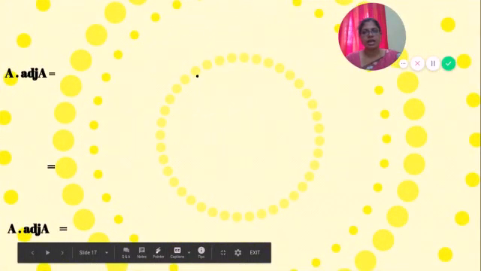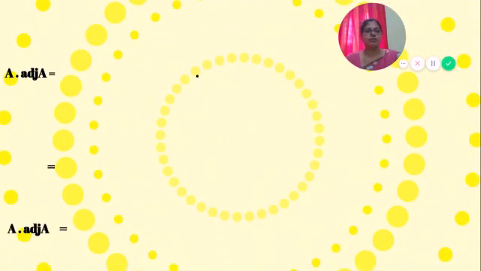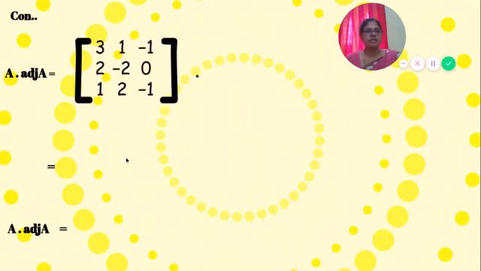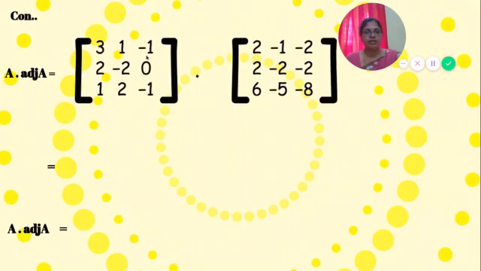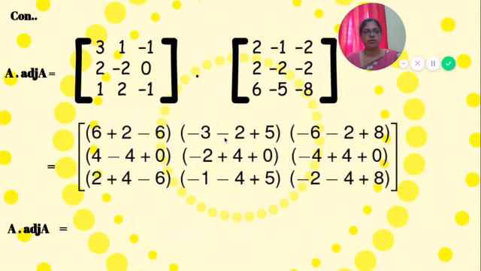Now we have to find A into adjoint of A. My A is 3, 1, minus 1, 2, minus 2, 0, 1, 2, minus 1, into, from equation 2, I am taking the value of adjoint of A: 2, minus 1, minus 2, 2, minus 2, minus 2, 6, minus 5, minus 6. So we have to multiply the matrices, row by column.